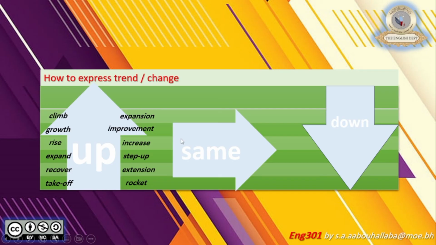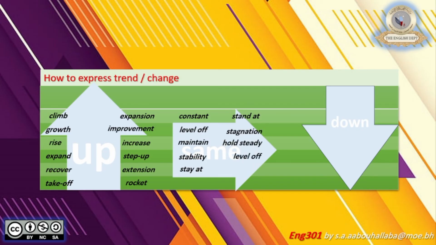What if there is no change? If it is the same, we have the words constant, level off, maintain, stability, stay at, stand at, stagnation, hold steady, level off. It is already there, level off, but as a noun and as a verb. Remain stable. But what if the trend is going down?